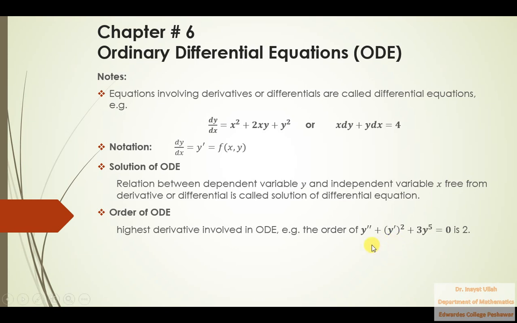And in this equation we see that this is the first derivative of y, and this is the second derivative of y. So the highest derivative is second, so this 2 is the order of this differential equation. For order we need to check the maximum derivative in the equation, not the maximum power but the maximum derivative. That is the order of a differential equation.